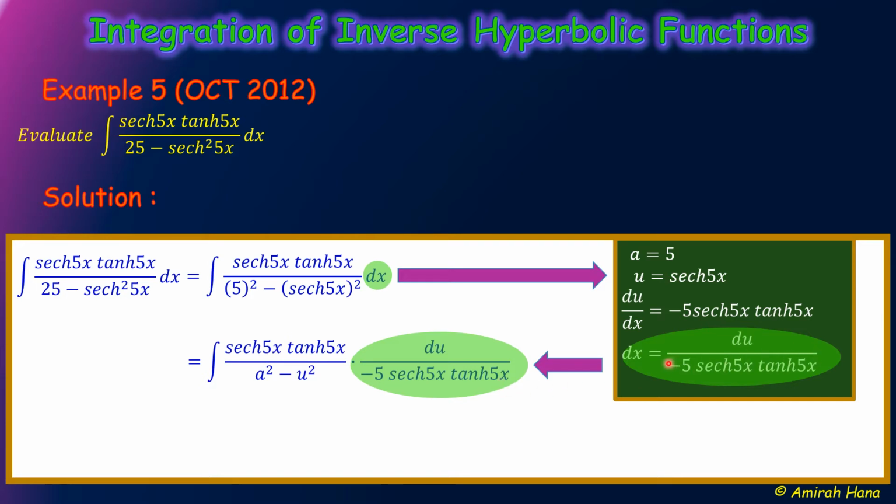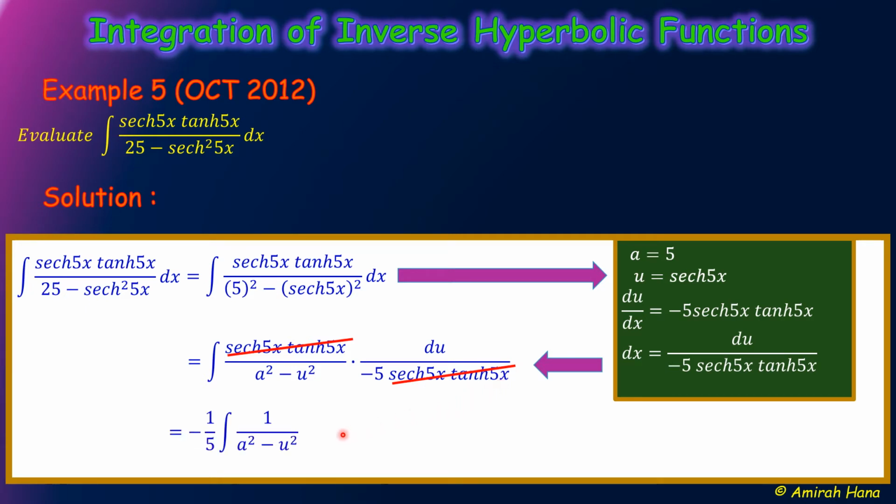We do not need to replace sec 5x in the numerator in terms of u, because we want to simplify it with the denominator. After that, we cancel sec 5x tan 5x from the numerator and the denominator.